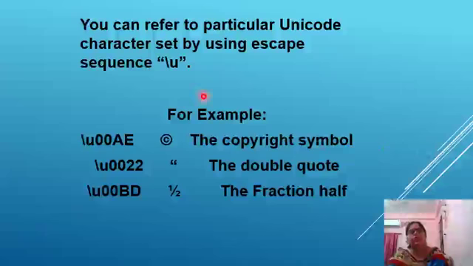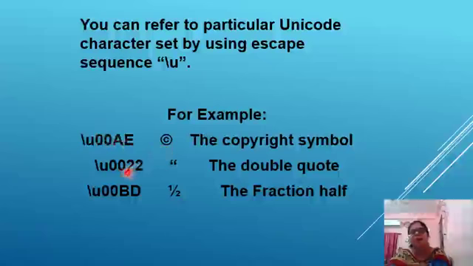Now, how can we refer to a particular Unicode character? We can refer to a particular Unicode character by a slash, for example by this escape sequence. For example, if we write this escape sequence \u00AE, then in Unicode it represents the registered sign.